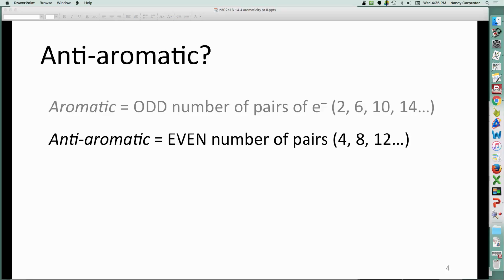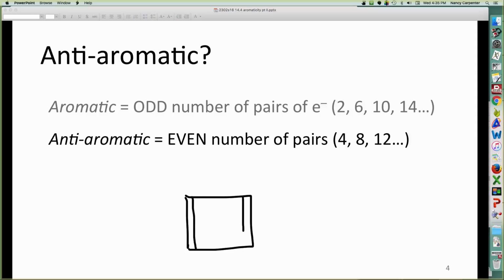Okay, so aromatic compounds are especially stable, anti-aromatic compounds are especially unstable and pretty much difficult, if not impossible, to isolate. The distinction here is the number of electrons, and so if you have a cyclic planar conjugated molecule with an even number of pairs of electrons, it's bad news. So something like this looks really good, right?